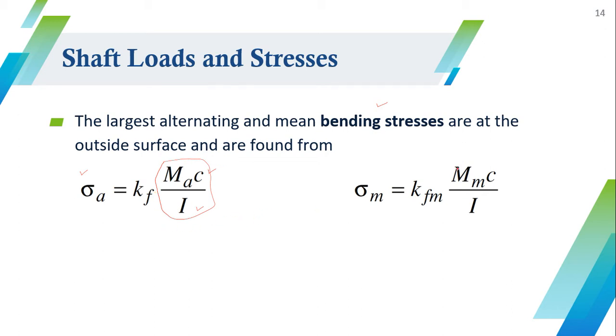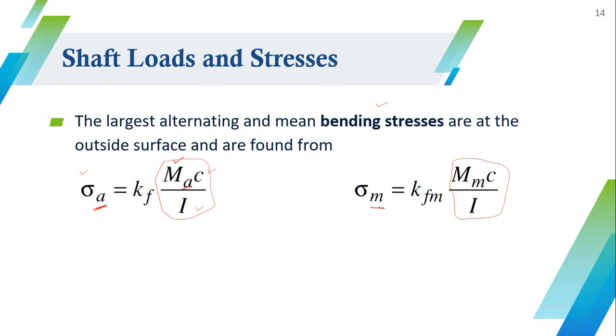The only difference right now is that we have two forms of this formula, one for the alternating component and one for the mean component. When we are calculating the alternating component of the bending stress, we are going to use the alternating component of bending moment, so M is Ma.